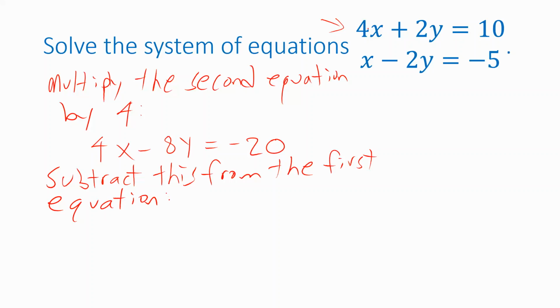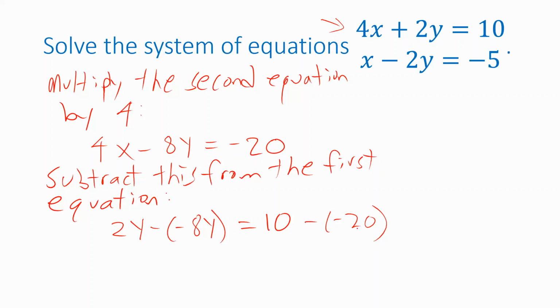So I have 4x minus 4x, those cancel. 2y minus negative 8y. So let's be careful about that. I'm going to write that out. 2y minus negative 8y. And then on the other side, 10 minus negative 20.